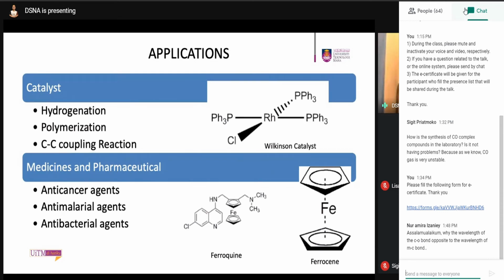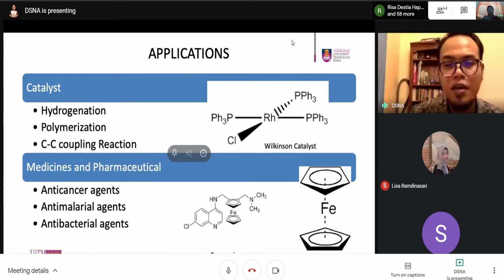Yeah? But of course, there are side effects of these drugs. But this is the thing that we at UITM also would like to explore. Of course, it will take maybe 10 or 20 years in time. But we are moving towards that.